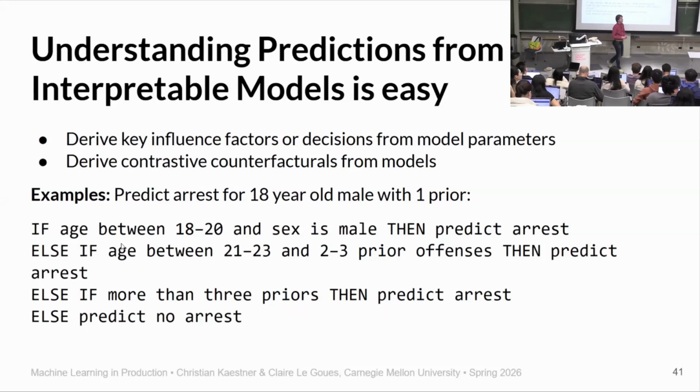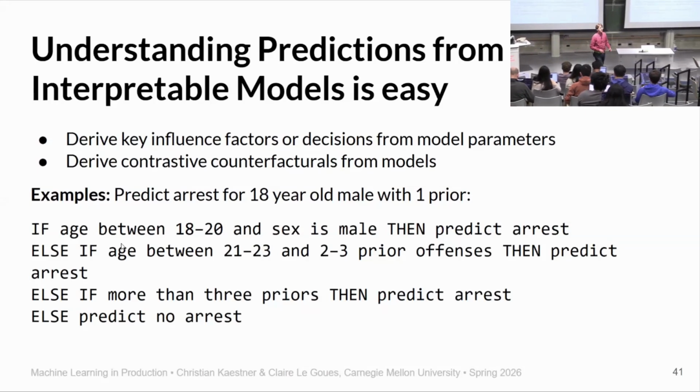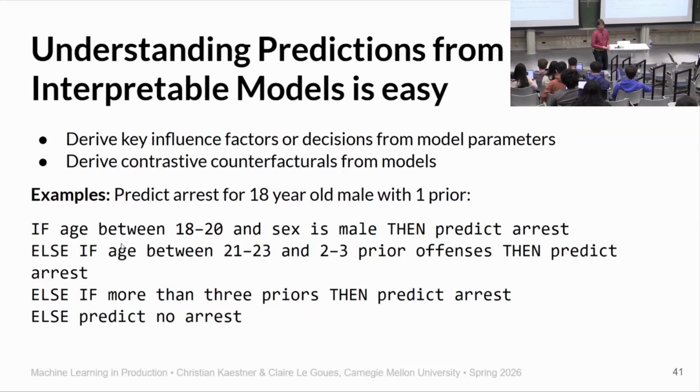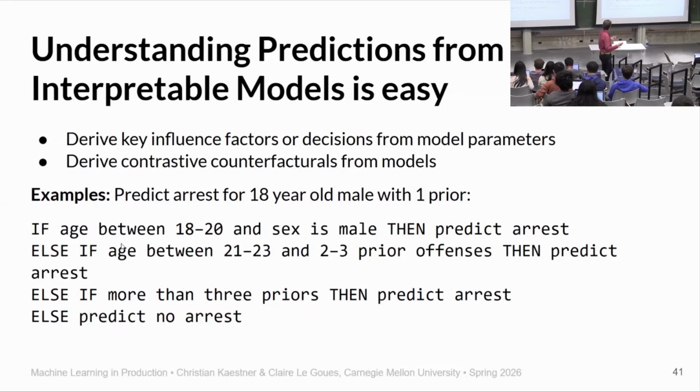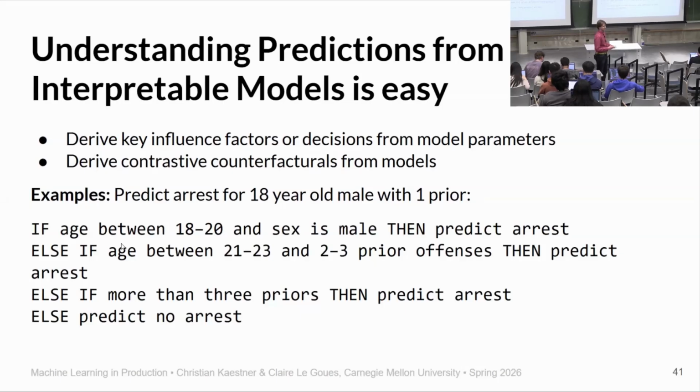Because they have more than 3. Because what? They have more than 3 priors. But they're 25. Yeah. Let's say 25 and, right, but you already made 2 more decisions in that space. So the last step was more than 3 prior convictions. But also, I guess sex doesn't matter in this case.